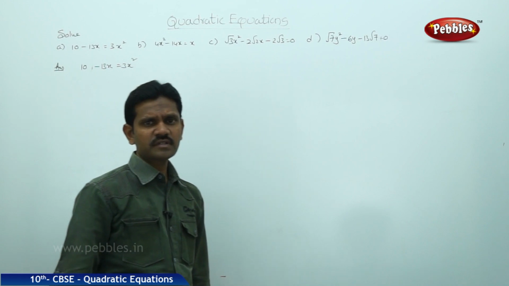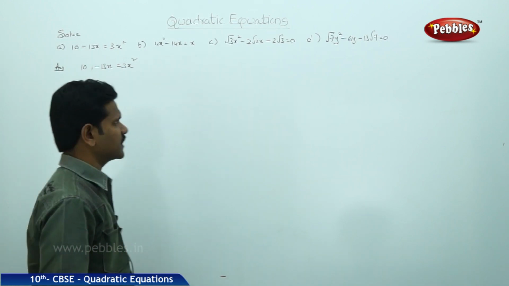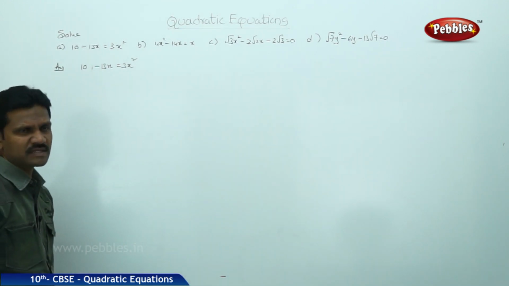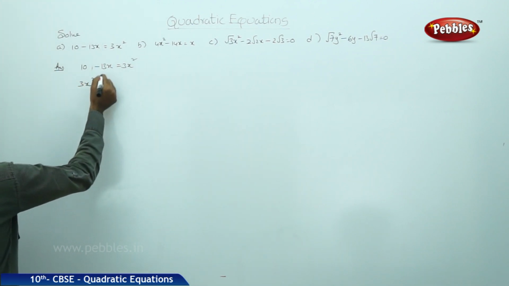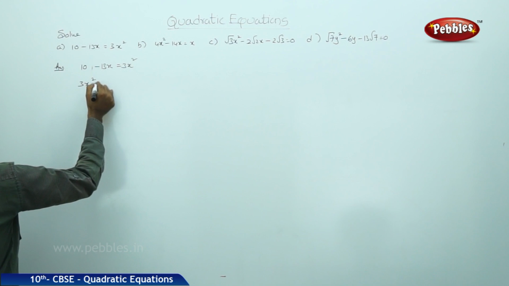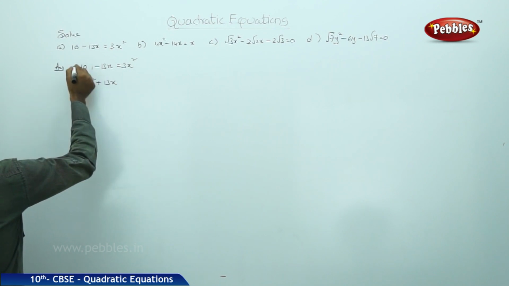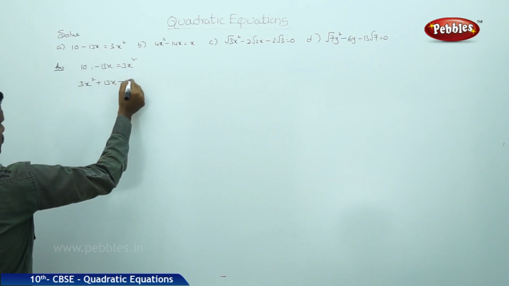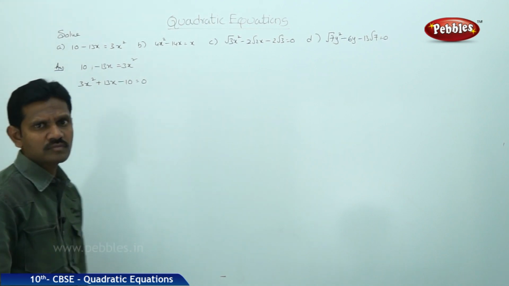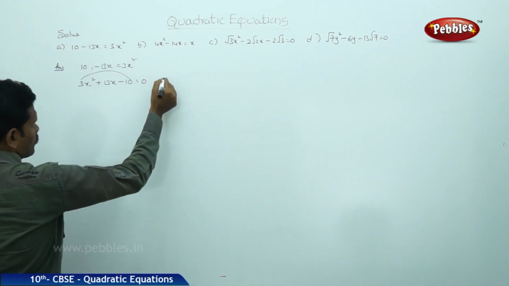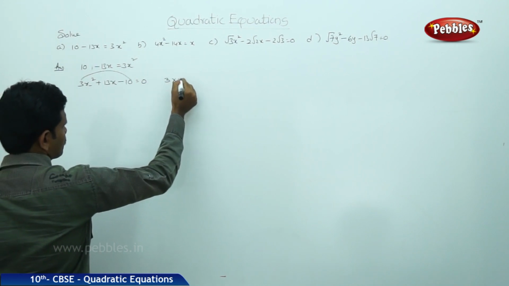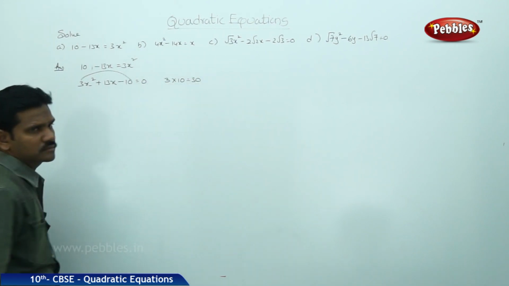First of all, convert it into the general form of the quadratic equation, ax square plus bx plus c, that is, 3x square minus 13x moves that side, that is plus 13x, plus 10 moves other side, minus 10, is equal to 0. Now after that, 3 into 10 is equal to 30.